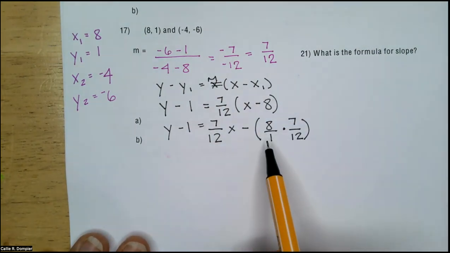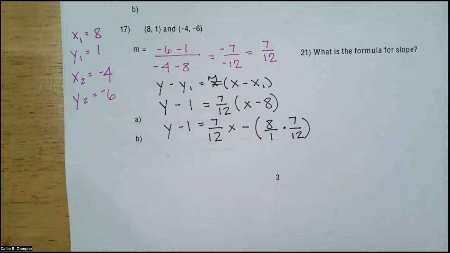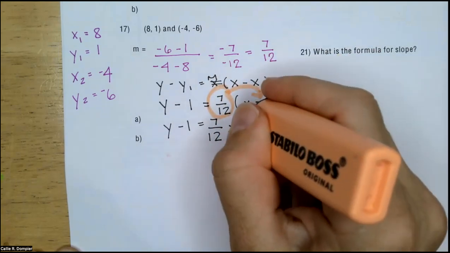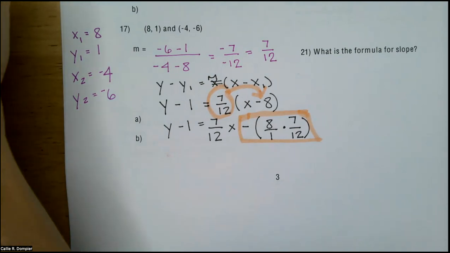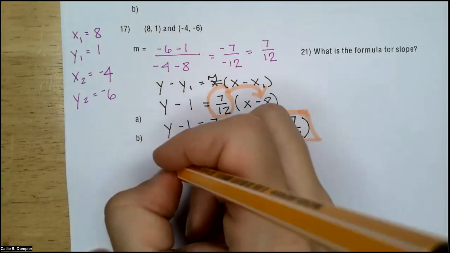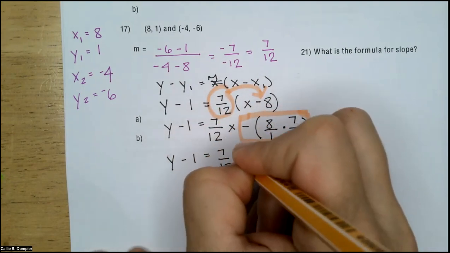Do you see how I changed 8 to a fraction immediately? Because I know I'm going to multiply it by 7/12. So I needed to take 7/12 and multiply it by -8. It turns into this, okay? 8 times 7 is 56.